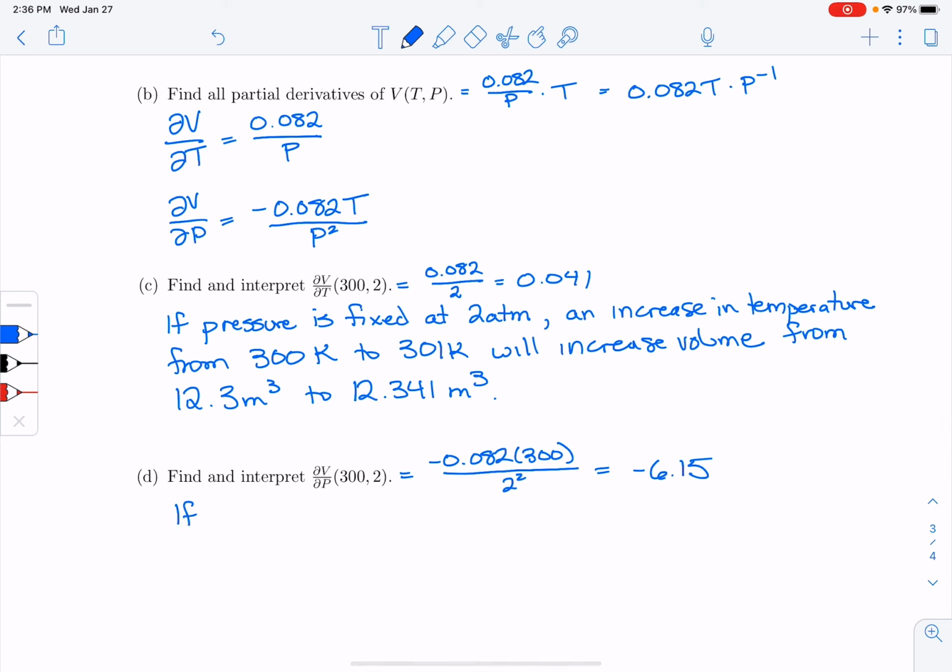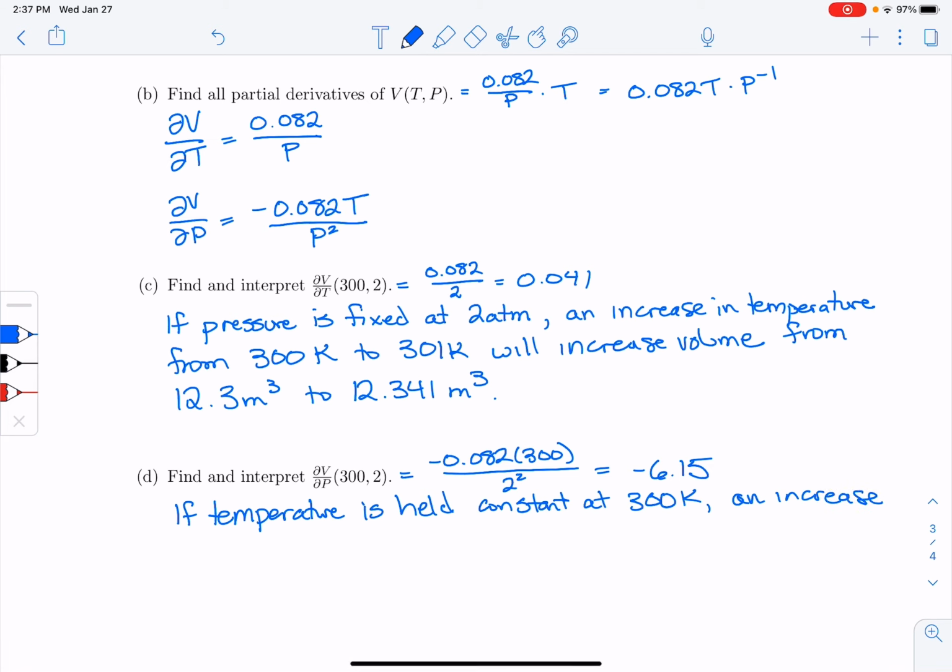So if, in this case now, temperature is going to be held constant at 300 Kelvin, an increase in pressure, and we're going to increase pressure from 2 to 3 atmospheres, because that's going to be a 1 unit change, will decrease volume, in this case, because the rate of change is negative.